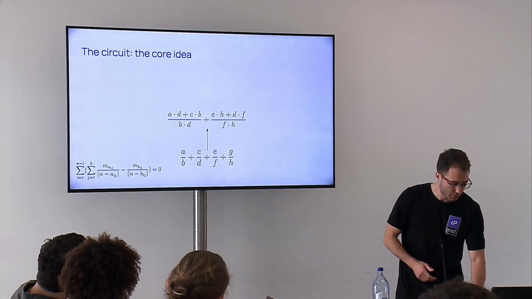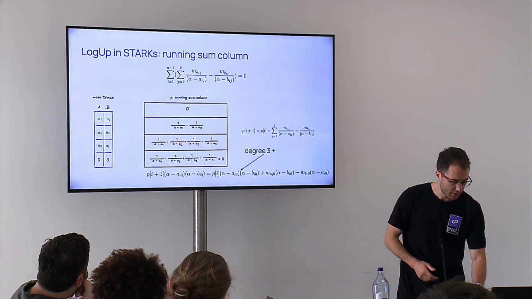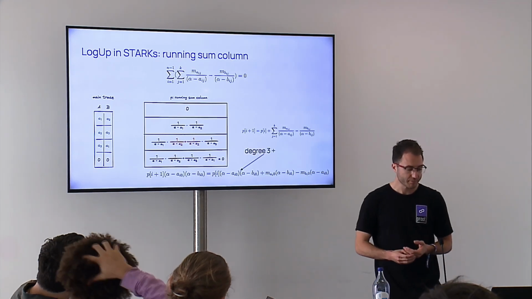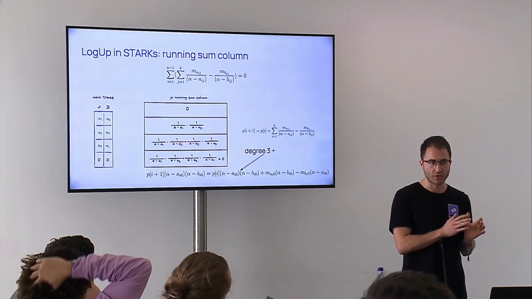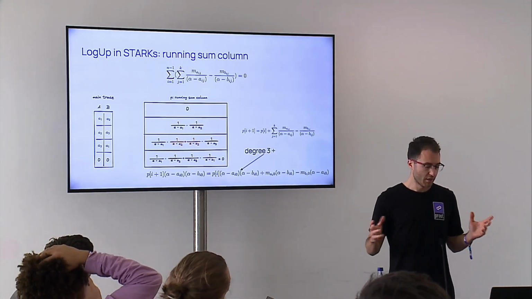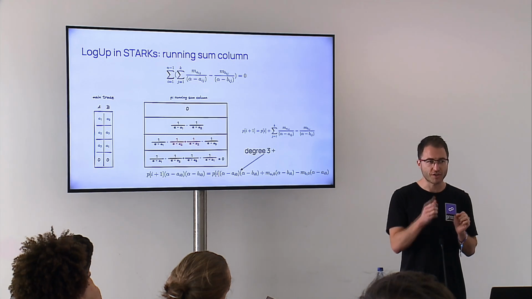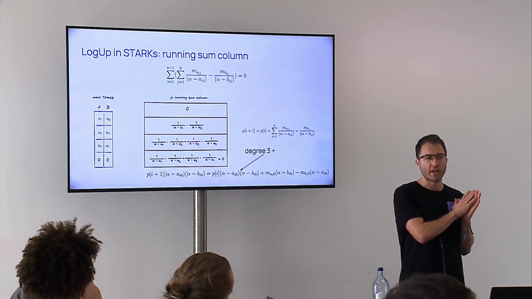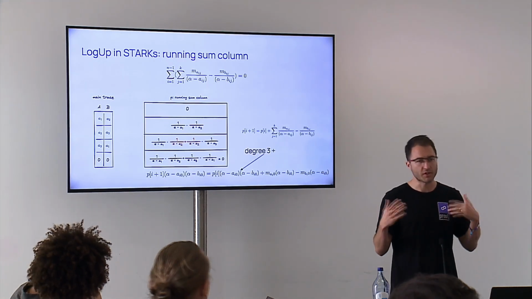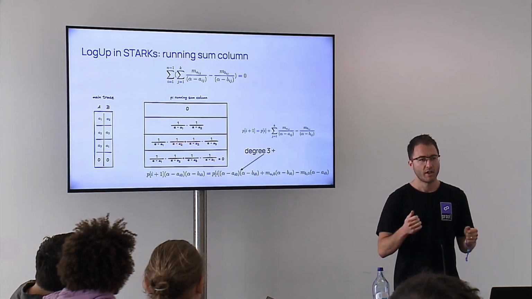The big issue with proving it in Starks, on this slide at the bottom, is you probably have to add a bunch of columns for these intermediary expressions that would blow up your degree to very high if you didn't. All these columns in the Stark protocol are being hashed.